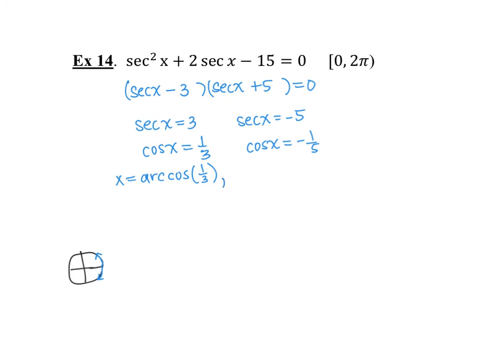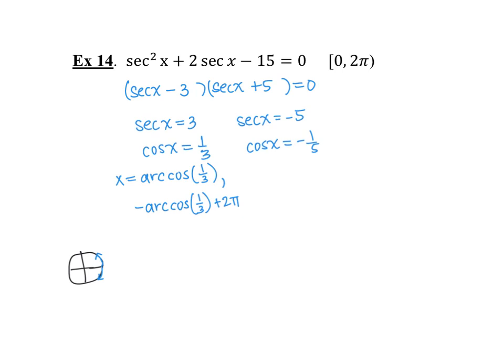I thought it was going to be the negative arc cosine of 1/3, but that's going to give me a negative answer. So I want the coterminal angle to that is positive, so I'm going to add 2 pi to that. That would give me a positive value, and it would be between 0 and 2 pi. You could also say 2 pi minus arc cosine of 1/3, and that would give me an answer. So those are my two answers for that factor.